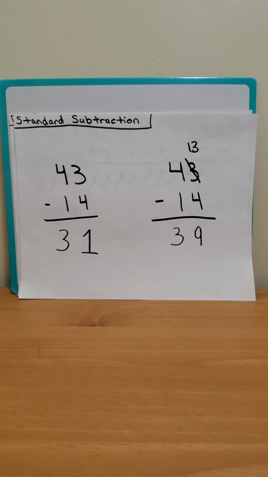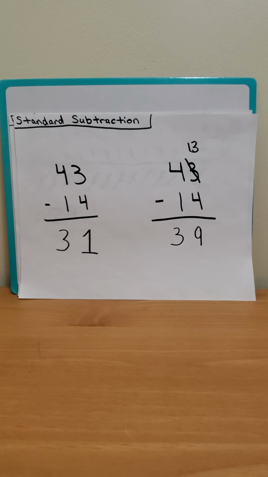In the first example on the left, the student subtracted straight down, so they did 3 take away 4, which is not possible, and so they get technically a negative number, which is -1, and they go to the tens column and subtract straight down as well. This student didn't regroup, and so their answer is incorrect.